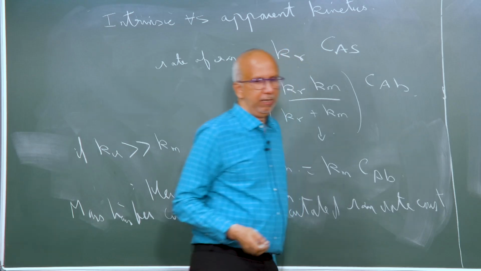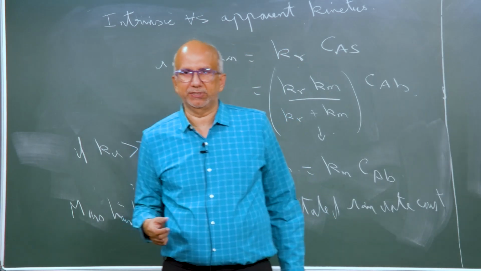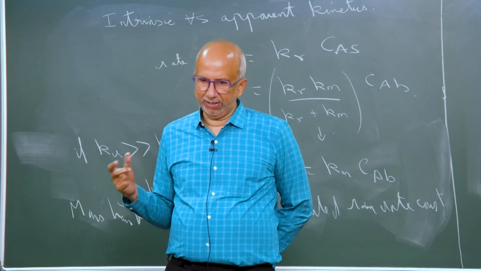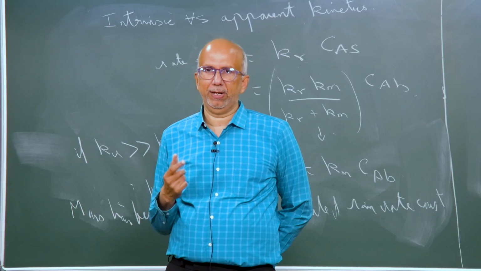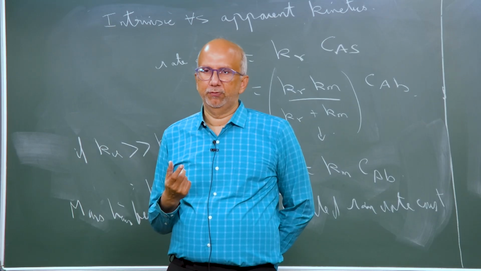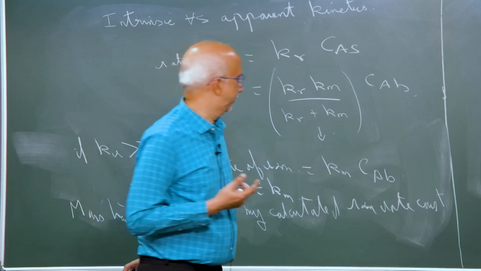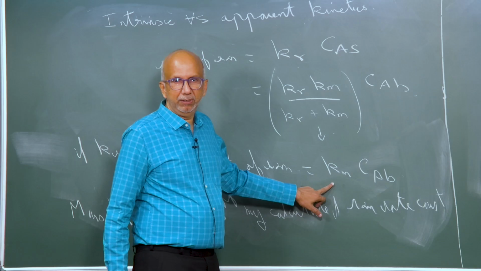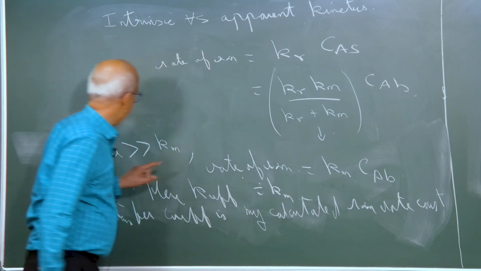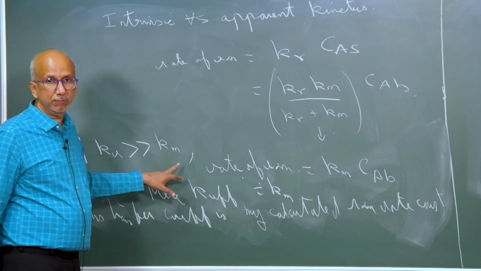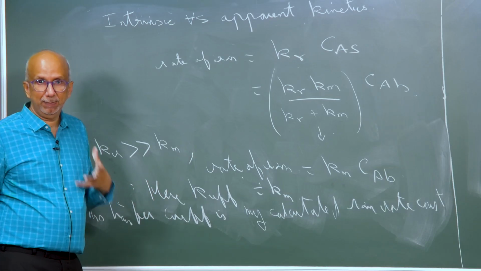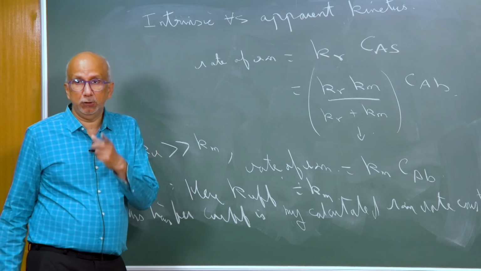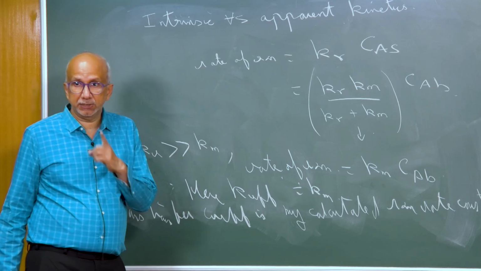You are not measuring the rate constant, you are measuring the mass transfer coefficient. So, you have to be careful. What I am saying is, you have done an experiment, you have done your fitting of the parameters, and you find some K effective here, but if it turns out in your problem Kr is much more than Km, okay, Km is very low, mass transfer rate controlling, you are not measuring rate of reaction, you are not measuring Kr, but you are measuring Km, the mass transfer coefficient.